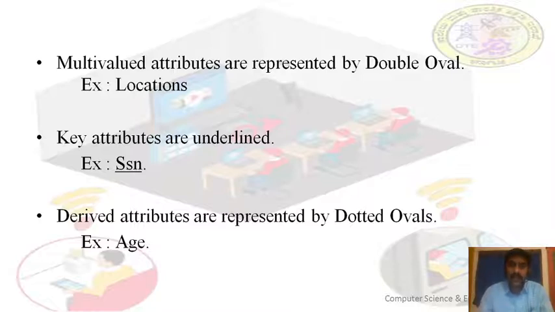Similarly, derived attributes are represented by dotted ovals, which indicates that the attribute is derived from some other attribute. Here age is derived from date of birth.